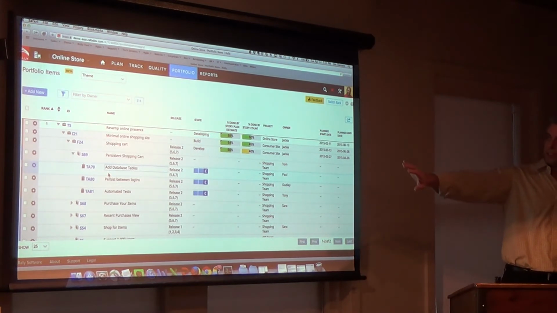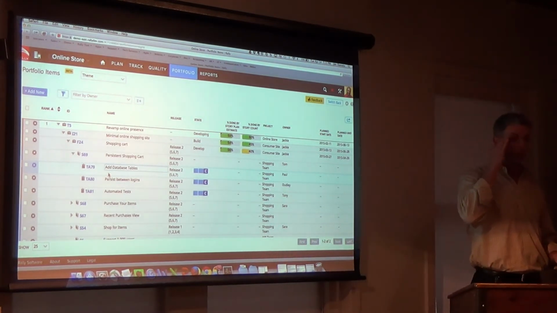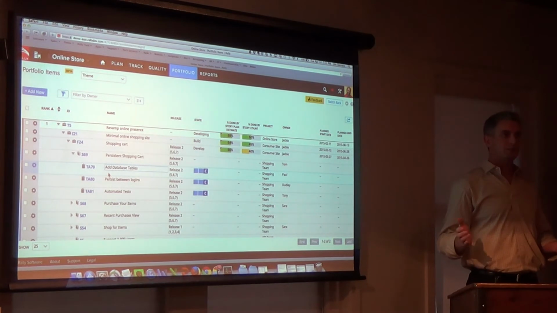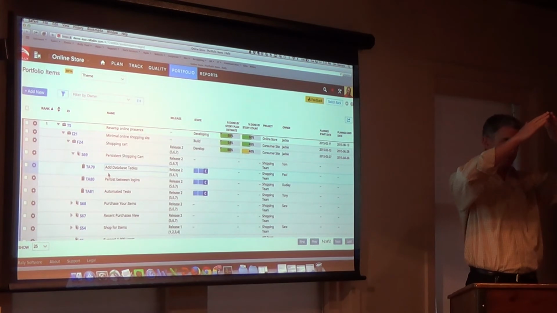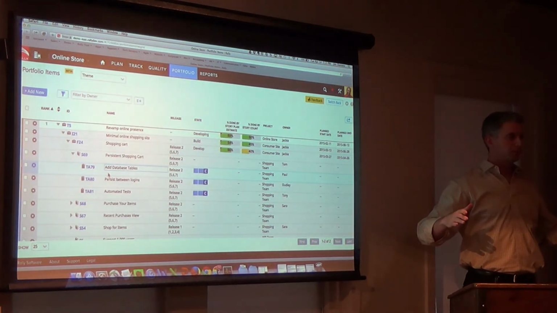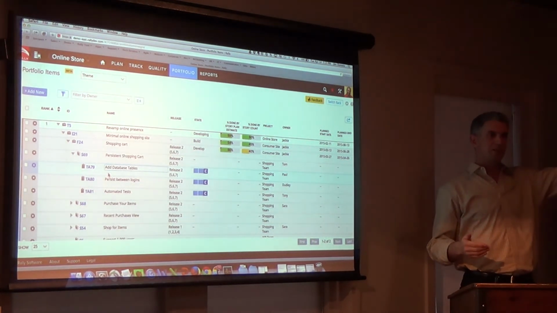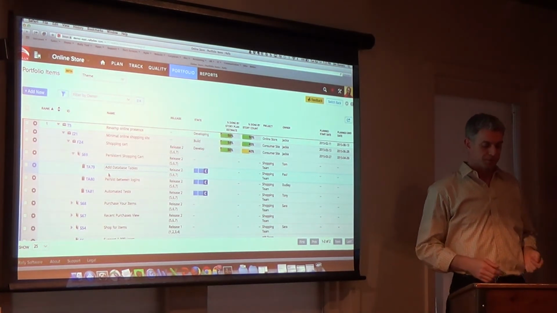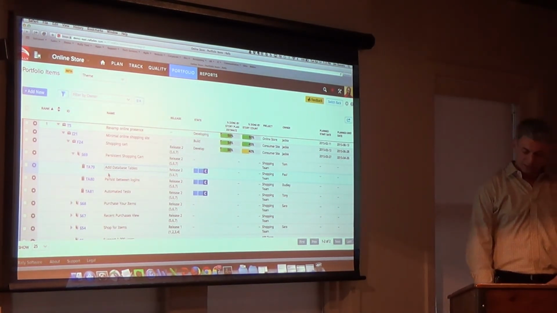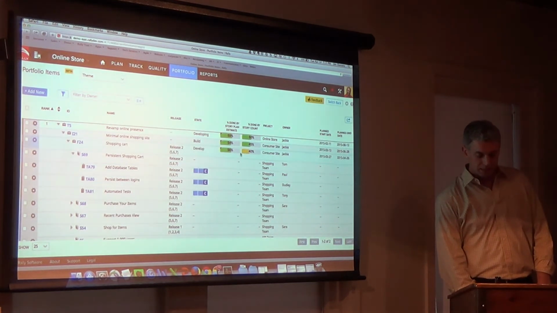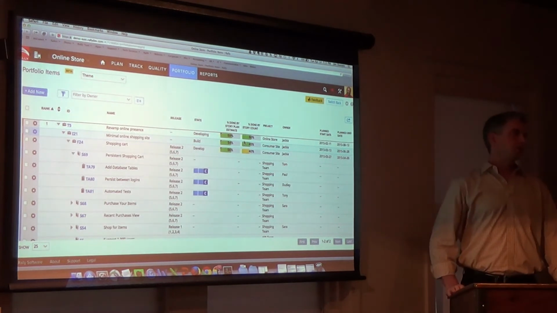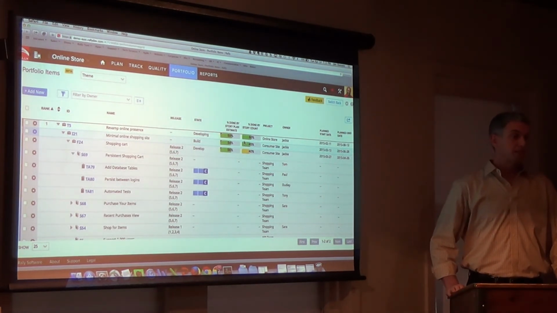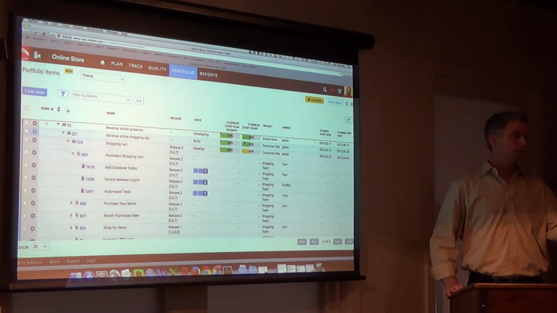Now what I'm trying to show you here is that we have this strong hierarchy between all of our system objects. And this makes for a really nice roll-up of information and a really nice breakdown of work. What we call it is connecting strategy with execution. Very powerful. It lets us answer two of the most important questions that a manager or a director or an executive is going to ask: what percent done are we, and are we on track?